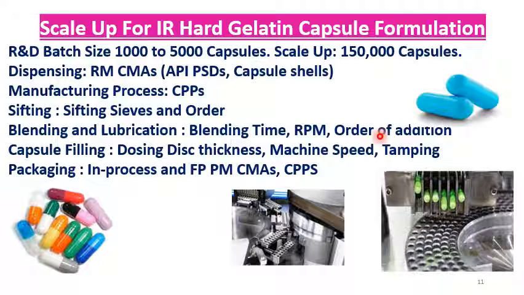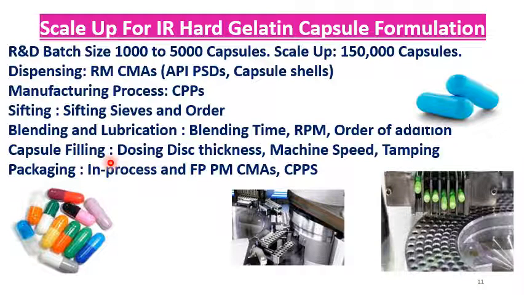Also, it is very important for proper mixing of the ingredients. Sometimes in blending and lubrication, sandwich blending is done. For sandwich blending, some of the excipients are added, and then the API is added, and after API addition the remaining excipients are added so that the mixing will be uniform.